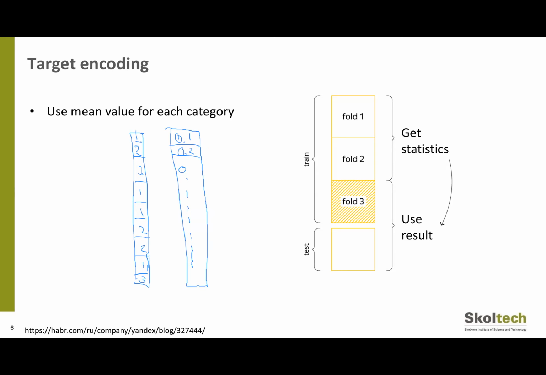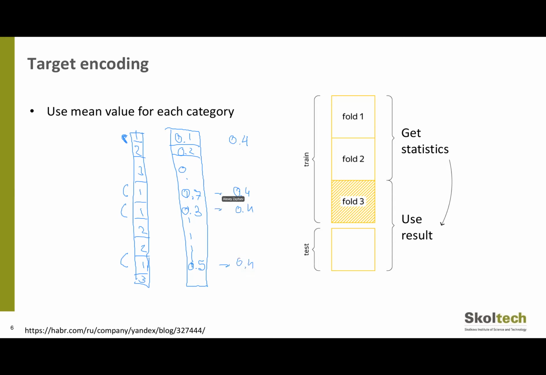So let's select all objects with the same value of this categorical variable and calculate the mean value for it. So we have 0.1, 0.7, 0.3, and 0.5, for example. We calculate the mean value over all those objects, and so we have 0.4 as the mean value.